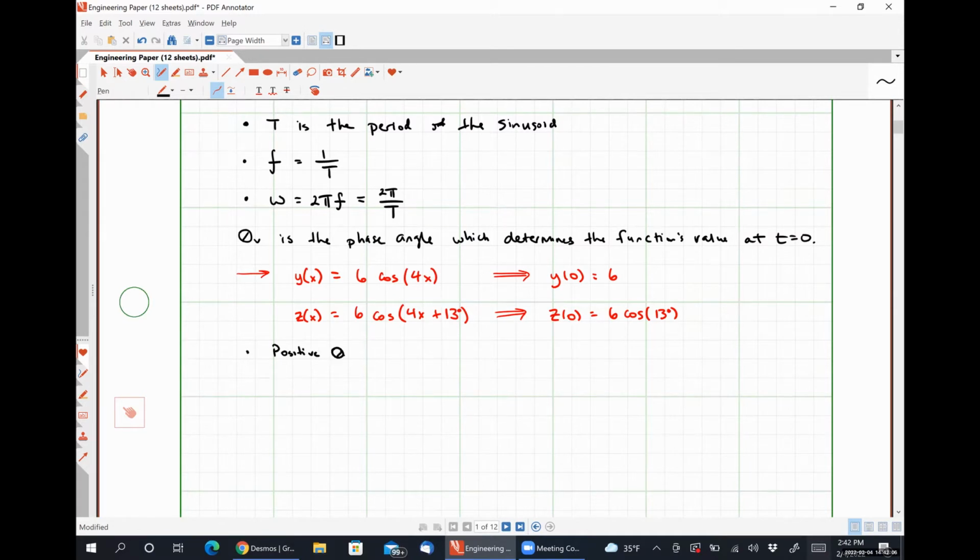Positive theta v causes the signal to be shifted to the left by delta t equals theta v divided by omega.